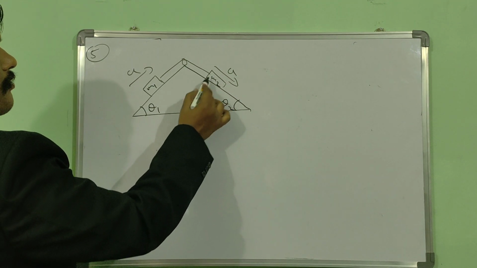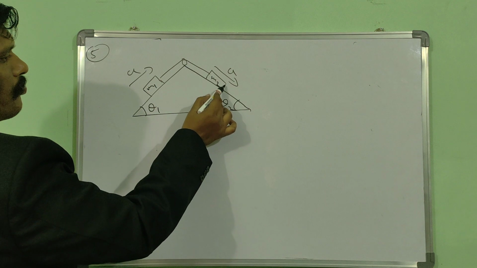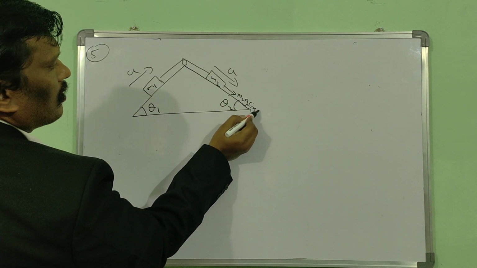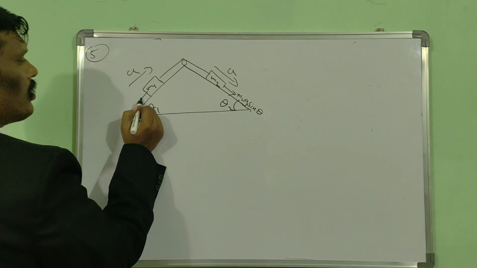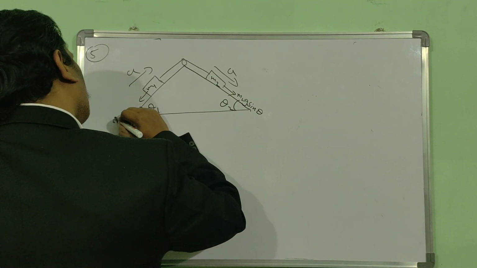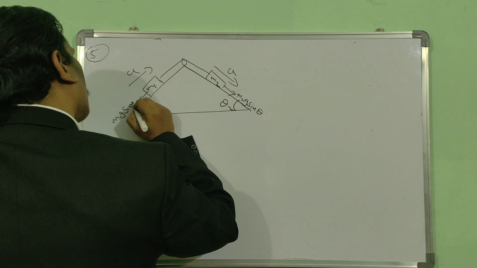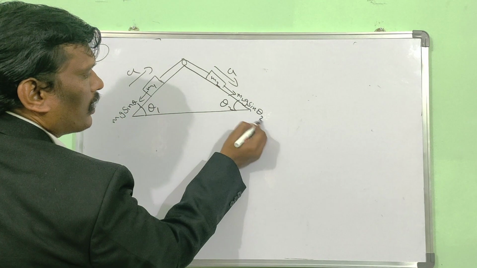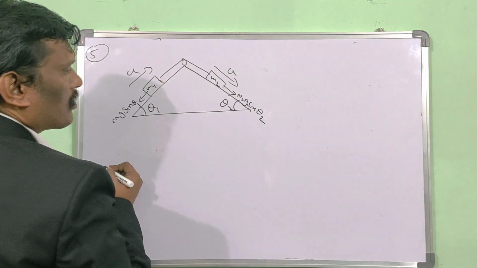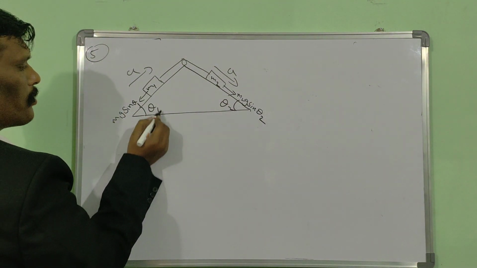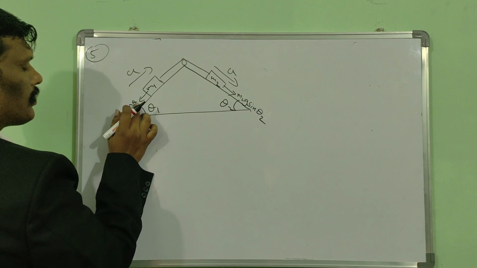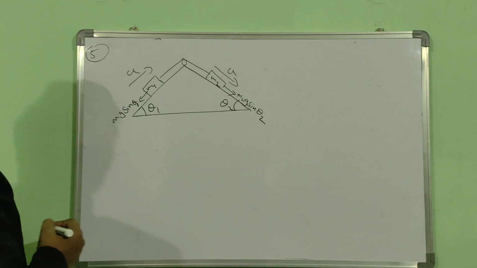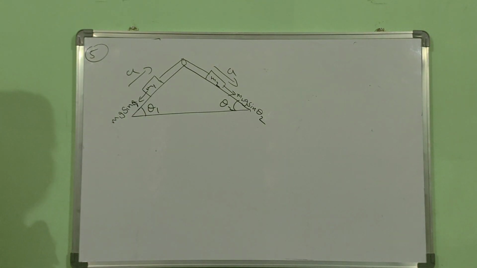Now what is the weight acting on m2 along the inclined plane? m2g sin theta 2. What is the weight acting on m1 along the inclined plane? m1g sin theta 1, because here the angle of inclination is theta 1.